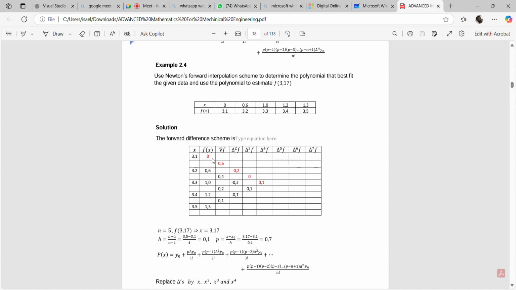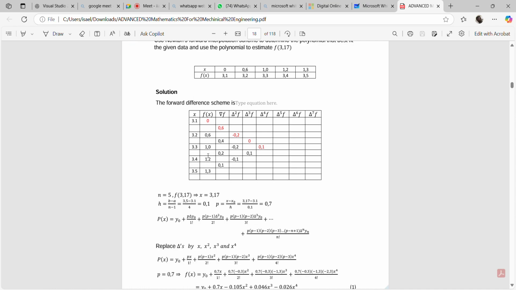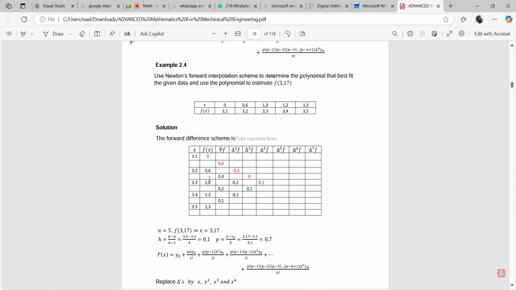Okay. The x values 3.5, 3.2, and f of x. These are the values of f of x: 0, 0.5. Something is off here.